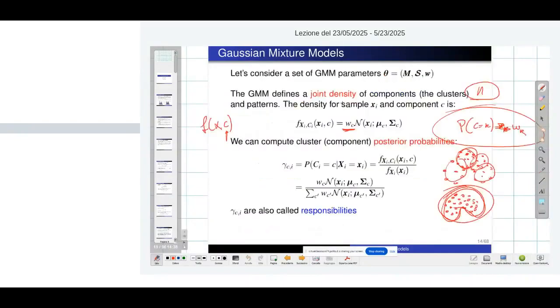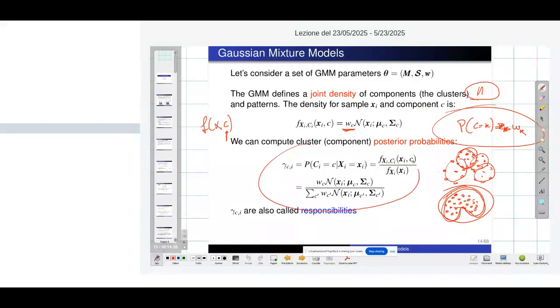So we are trying to figure out a way to learn the parameters of the model. So not the cluster labels associated to the train set, but what we want to learn is the mean and covariance matrix of each Gaussian component and the corresponding weights.